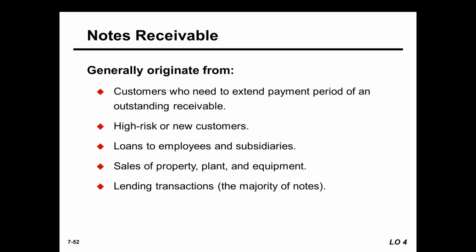This notes receivable is also produced because it could be a new customer that the company has, or because the customer is a high-risk type of customer, since they have to make a promissory note.